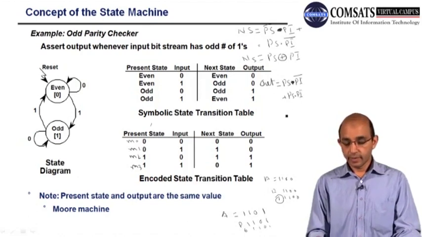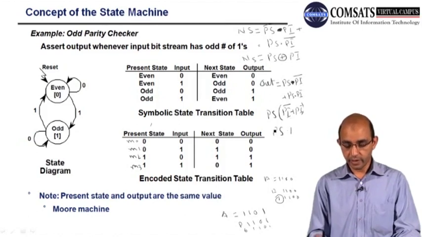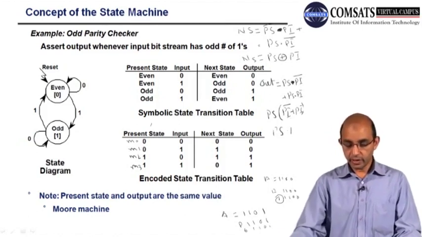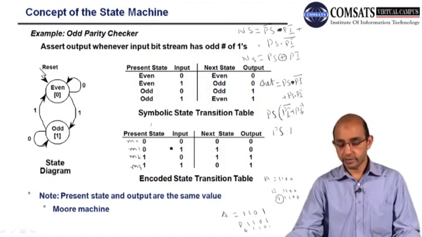I can take PS as common, so PI complement plus PI is 1, and we are left with only PS. You can compute this from this encoded state table.